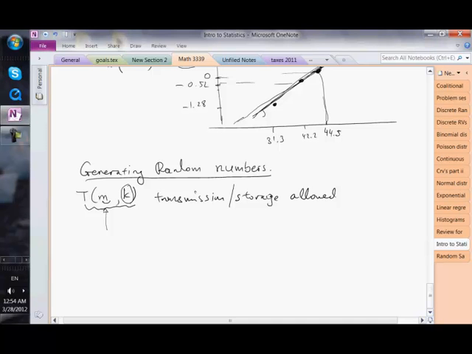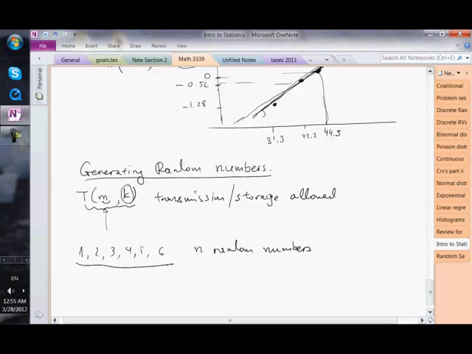Okay, how can we generate random numbers? Suppose that you want to generate integer random numbers 1 through 6. Well, the best way to do it, if you want to generate a sequence of, let's say, 20 or 30 or n random numbers, is to take a die with 6 sides and cast it n times.